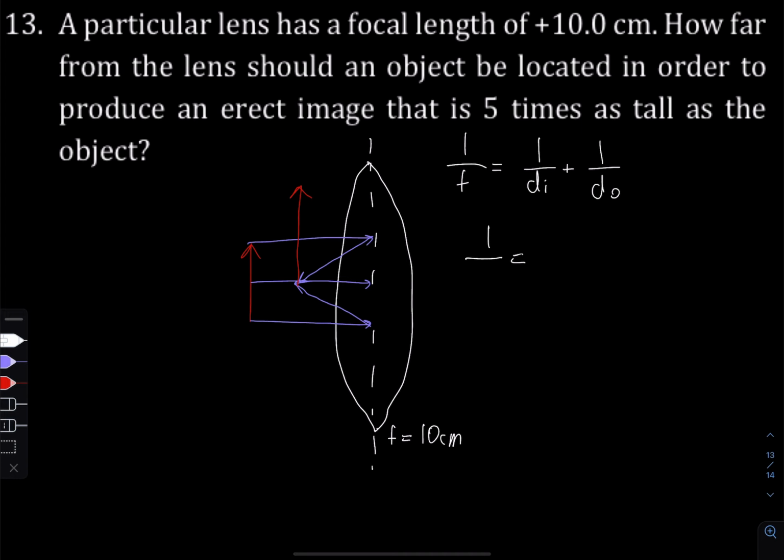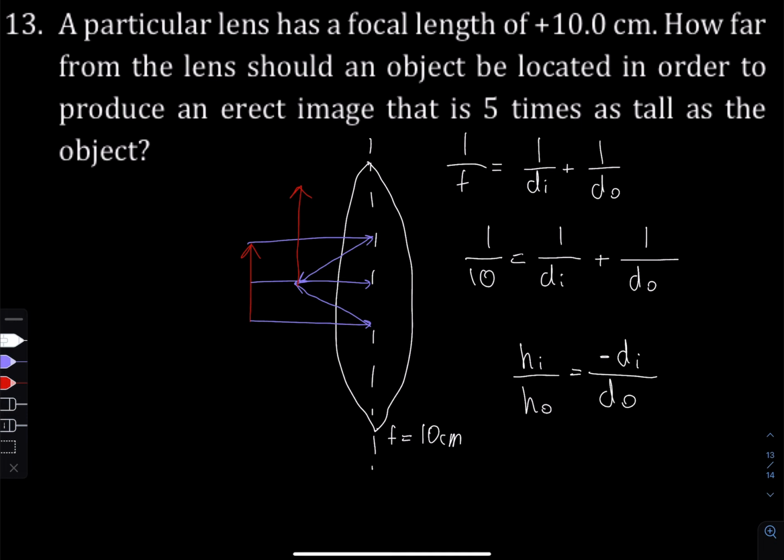So the focal length is 10. The distance of the image is the thing we don't really know. But what we do know is this ratio that we talked about earlier, about the height of the image and the height of the object, and the negative distance of the image over the distance of the object.